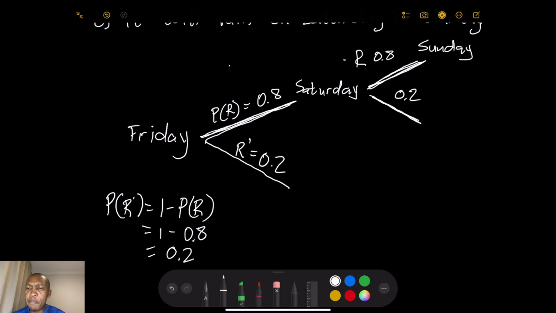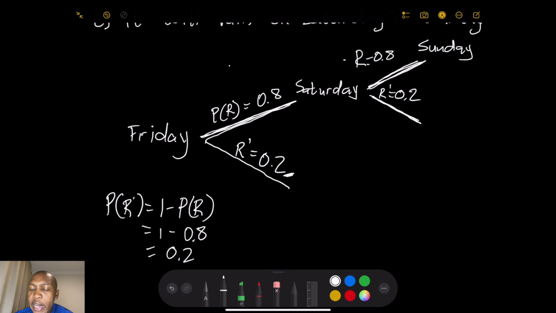Or perhaps let's not use R. No, we'll come up with something a little bit different, right? So in this case, the possibilities of it not raining on a Sunday, so that's R prime, that would be 0.2, right?